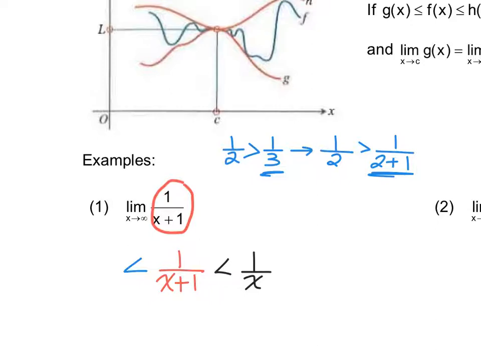The other thing I can do, and I leave it up to you, it's going to work either way, another thing I can do would be just to take the negation of the upper bound. So negative 1 over x. Because all that's going to do is reflect the 1 over x over the x-axis. So it guarantees that whatever that original function is, it's going to be between these two expressions.